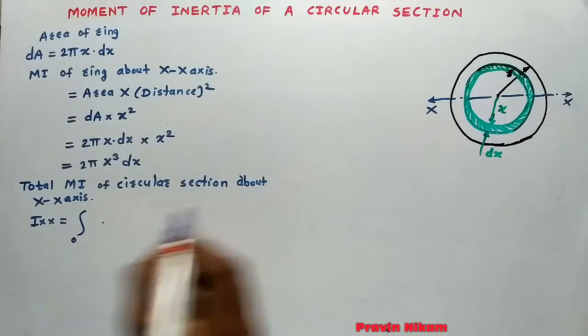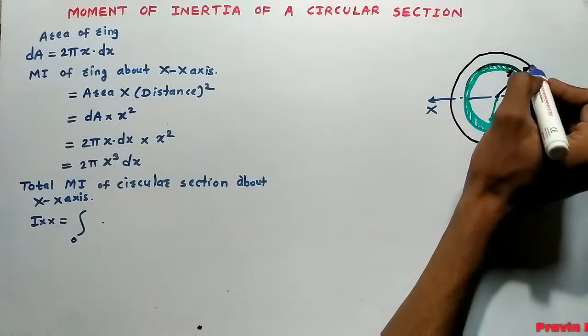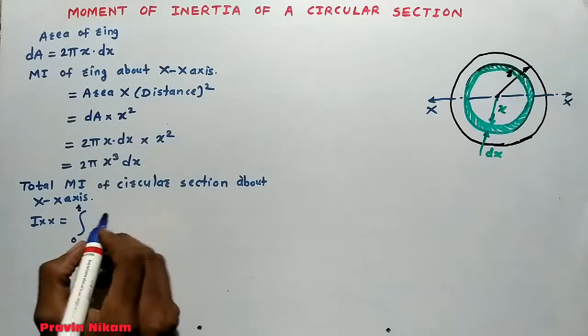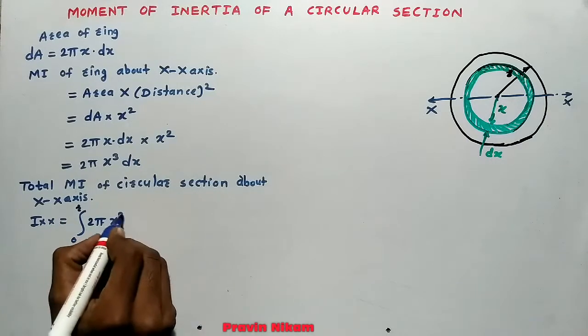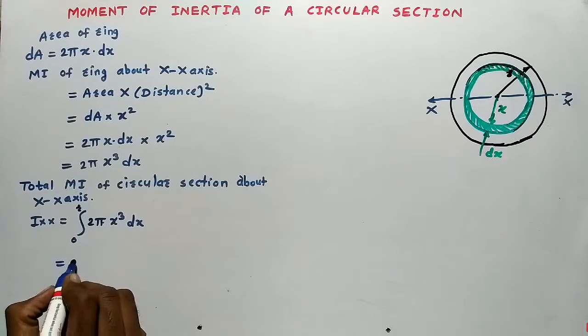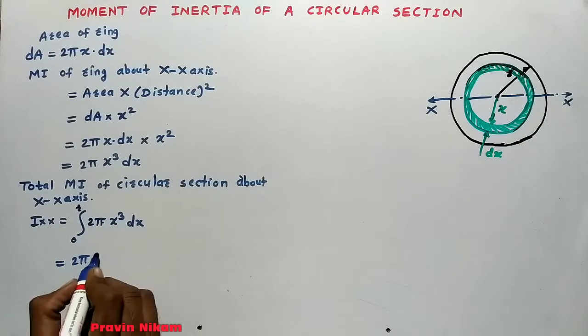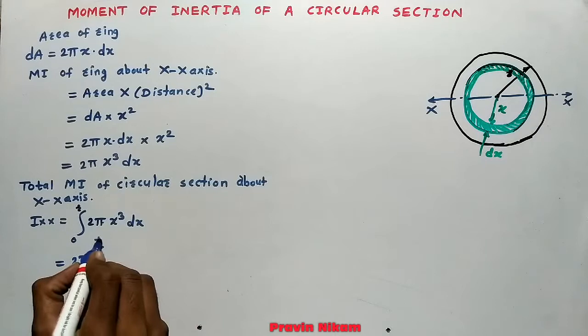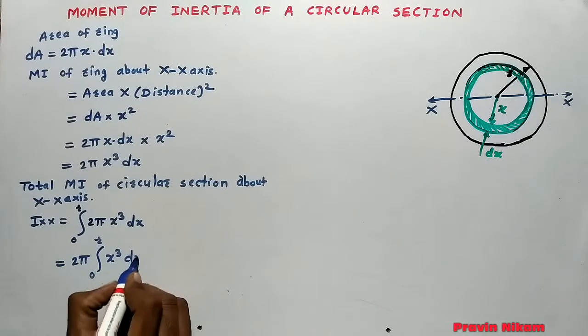So integral from 0 to r, 2 pi x cubed dx. Now 2 pi is a constant, so 2 pi times the integral from 0 to r of x cubed dx.